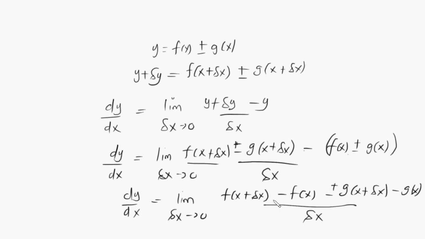Now, again, idea of limit: if you have a limiting value of h approaching 0 of a plus b, this is just the same as the limiting value of a as h approaches 0 plus the limiting value of b as h approaches 0. Now, this idea of limit is a whole topic.